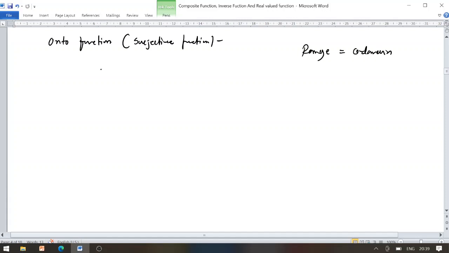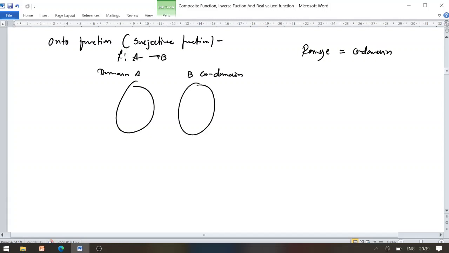So let us consider f to be a function from A to B, whose domain is A and whose codomain, or you might say here the range, is the set of all elements of B. Suppose x is any element from set A and y is an element from the codomain.